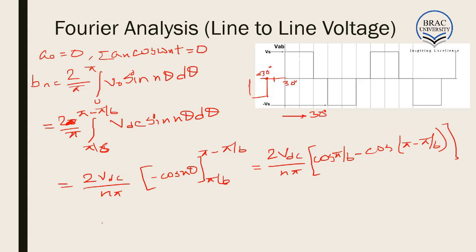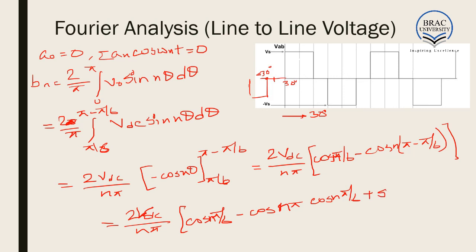Now cos of A minus B is equal to cos A cos B plus sin A sin B. From that we get VDC by n pi, cos n pi by 6 minus cos n pi cos n pi by 6 plus sin n pi sin n pi by 6.